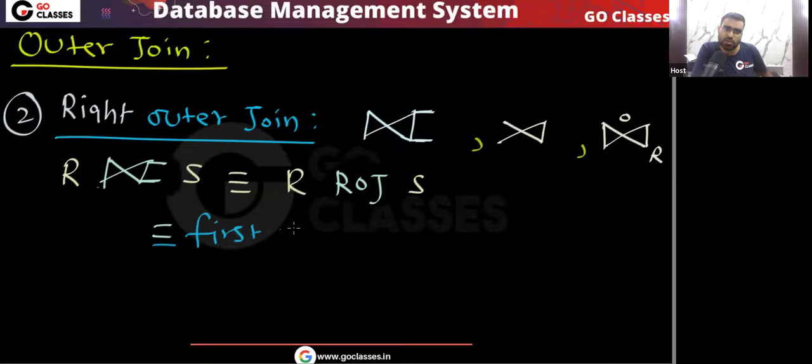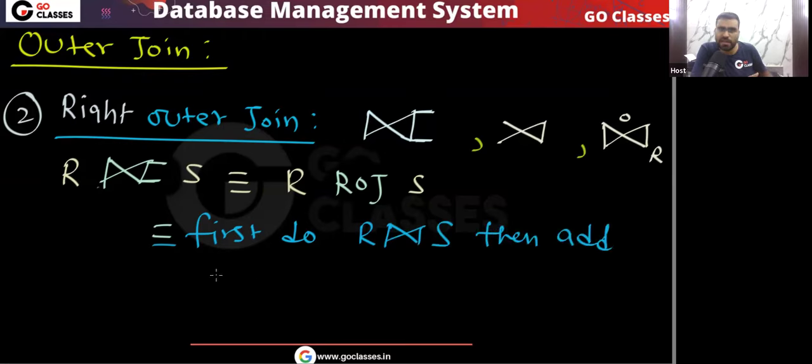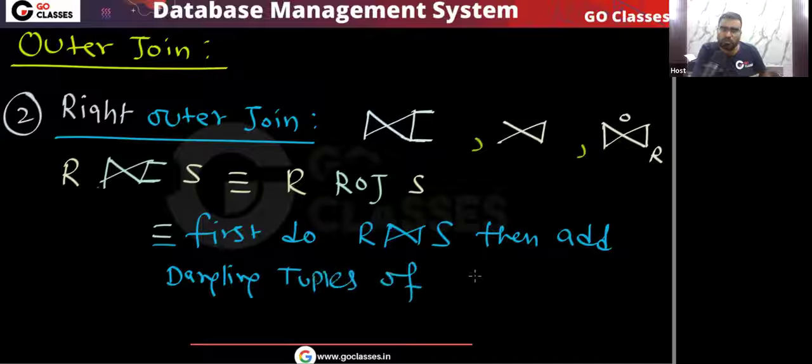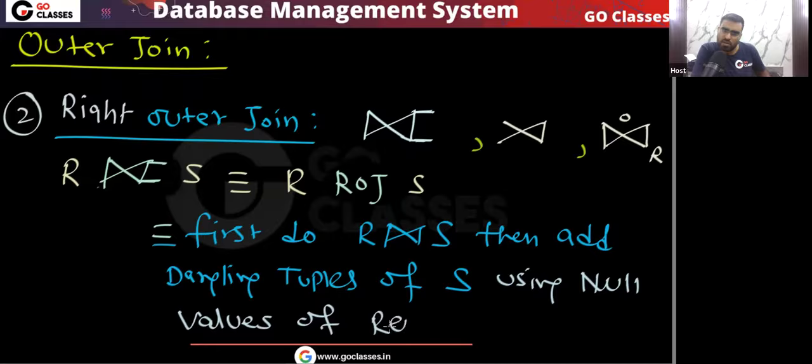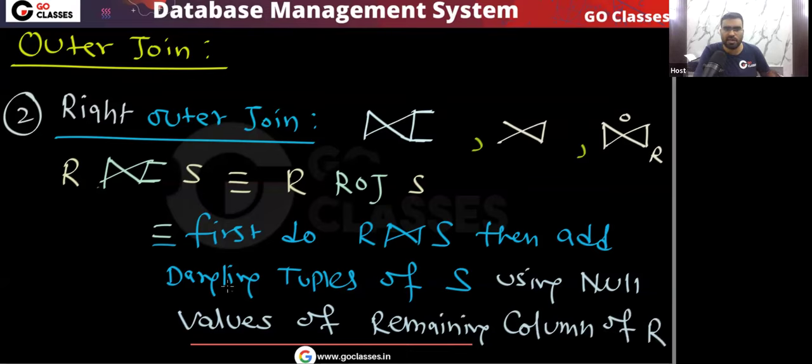First do R natural join S. Then add dangling tuples of the right table, that is, dangling tuples of S, using null values for the remaining columns of R. So very simple. This is the idea of right outer join.